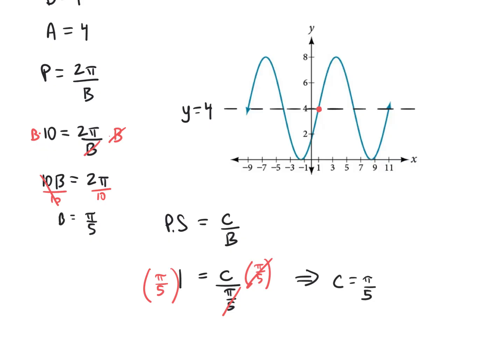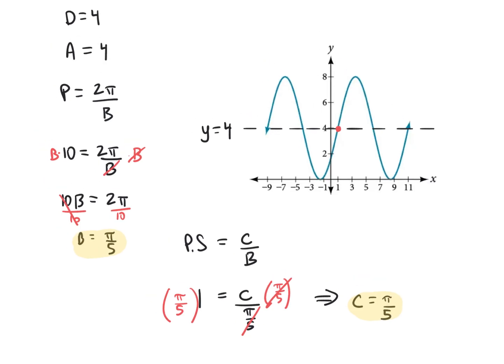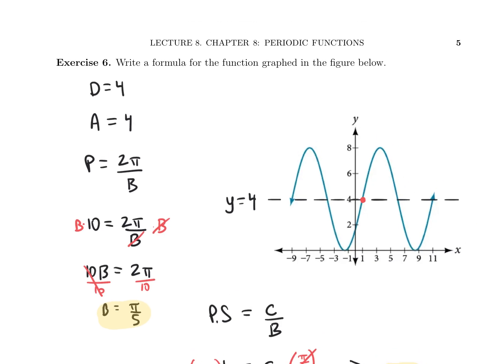Now we can just put it all together and write out our function. So we have our a, b, c, and d. We are good to go here. So remember that the general form is y equals a sine bx minus c plus d. And now you just have to replace the letters with the numbers.